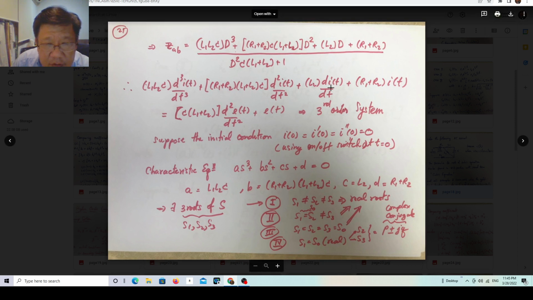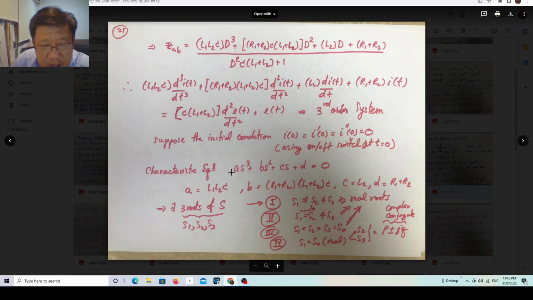If you substitute di by dt as s here, and suppose that the term in the bracket that multiplies the third order derivative is a, this one is b for the second order derivative, c for the first order, and then for the zero order here, your characteristic equation becomes a cubic equation.